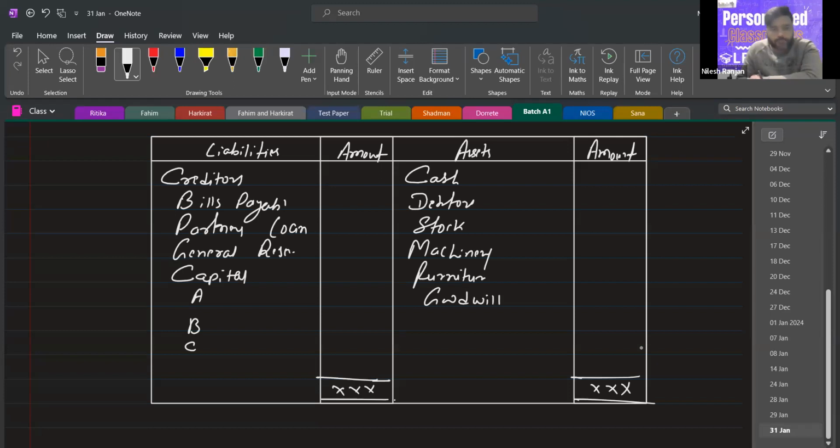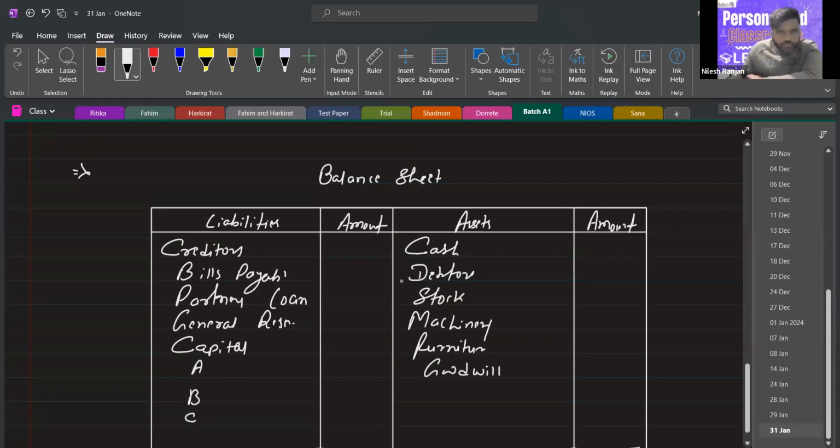Now this is our balance sheet, so you remember the format. We have discussed this in 11th also, and after that in many chapters. Now what we have to do is transfer each and every item from the balance sheet to the respective ledger or account that we are preparing.